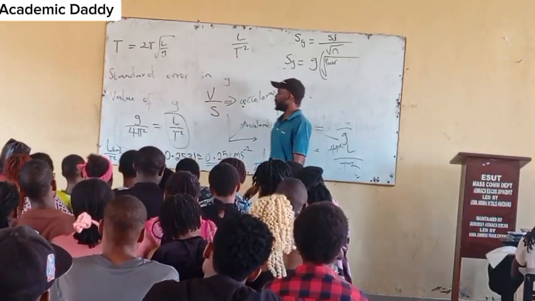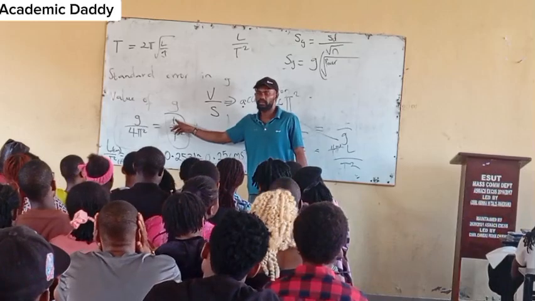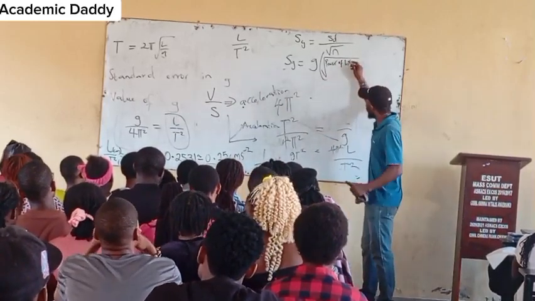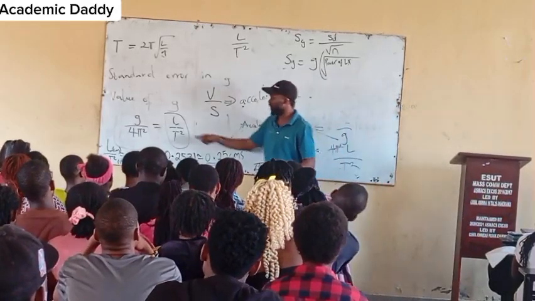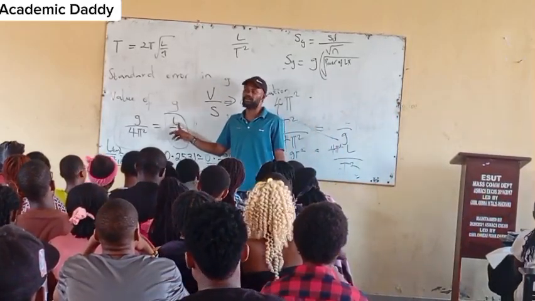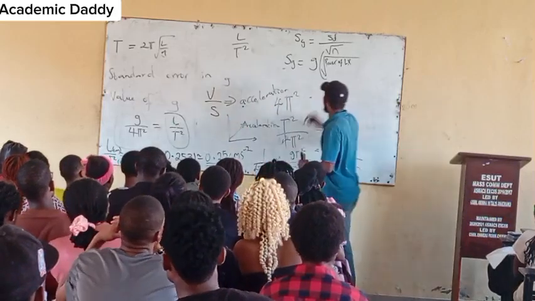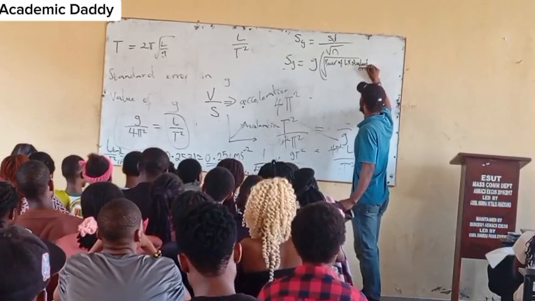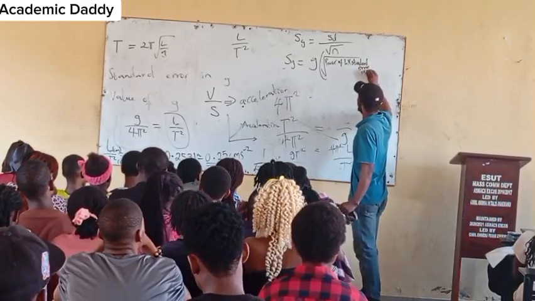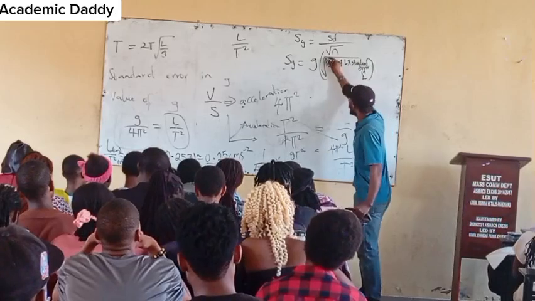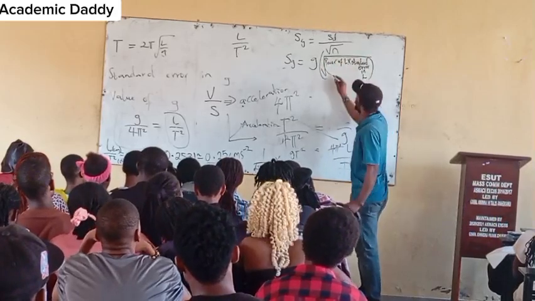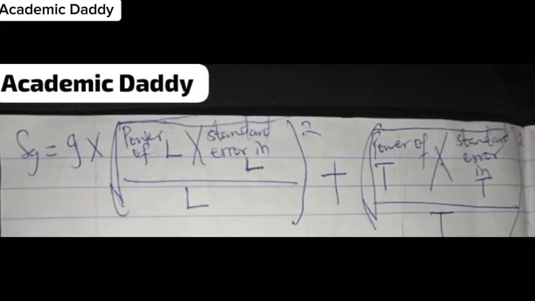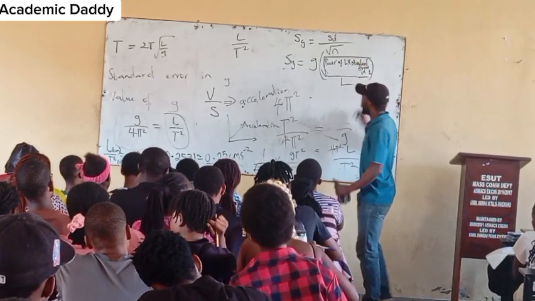What is the power of this L that is here? 1, Sherry? Yes, power of L. So that is 1 times the standard error in L. What did we use as the standard error in L? 0.01. So times the standard error in L, which is 0.01, divided by L itself.